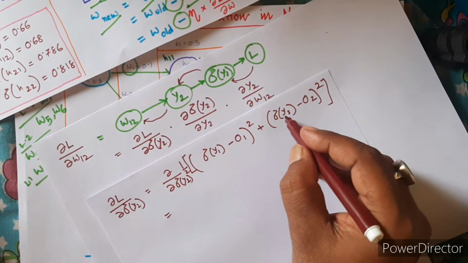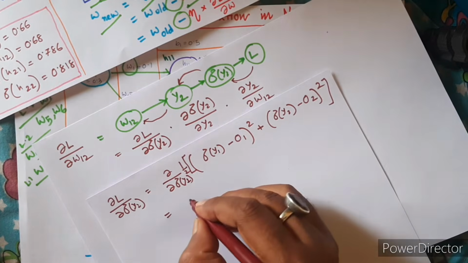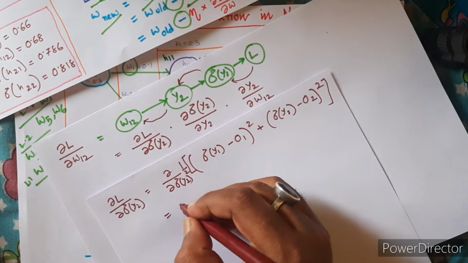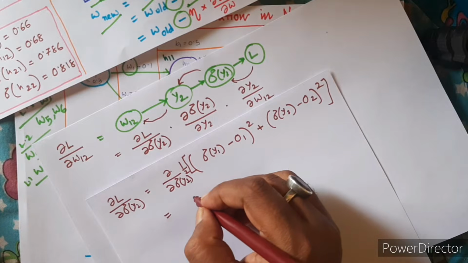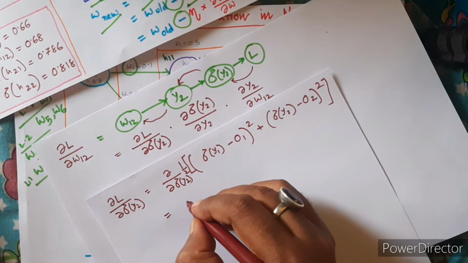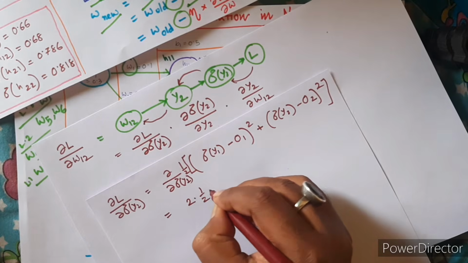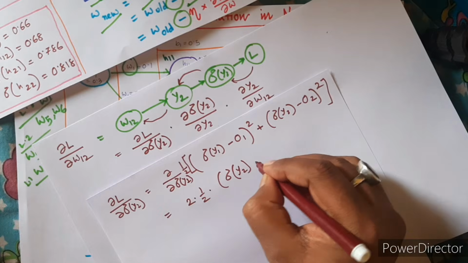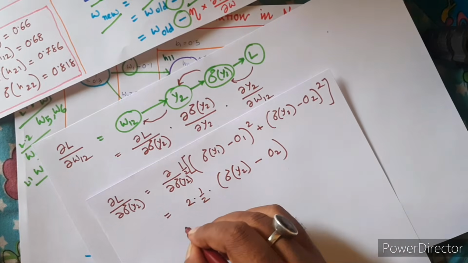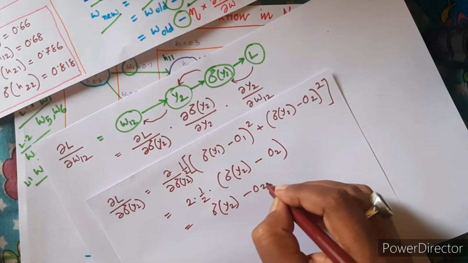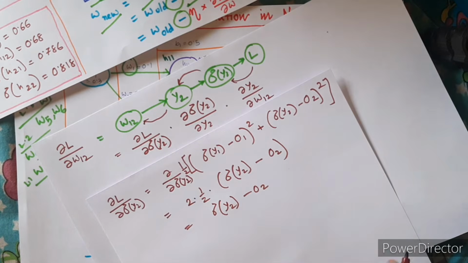So for delta sigma y2, it will be 2 by 2. The derivative of x square with respect to x is equal to 2x. So it will be 2 into half into sigma y2 minus o2, which is sigma y2 minus o2.